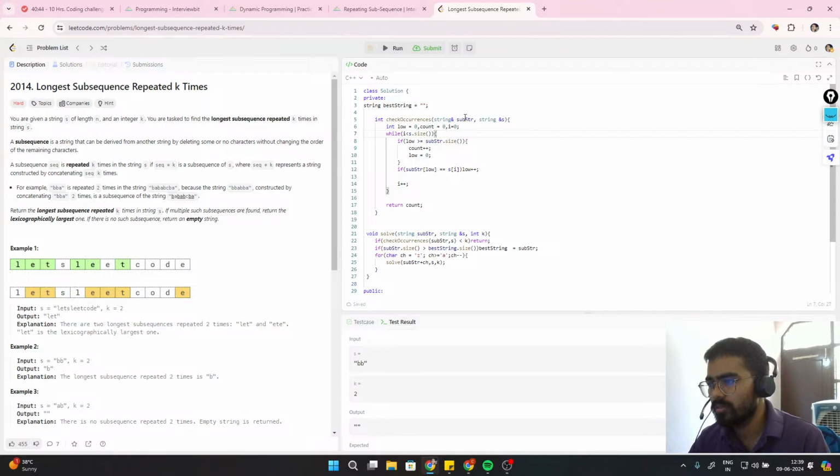Now this low is... substring contains B. If low is greater than or equal to substring dot size, substring, no, low is at 0.